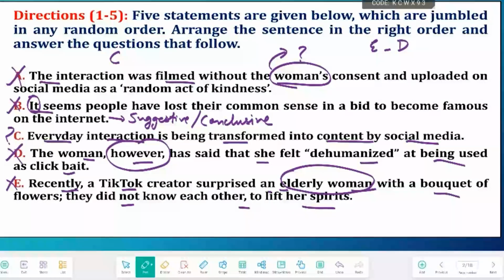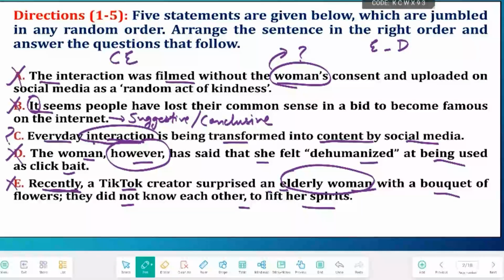So C statement is our first statement. अब उसी का explanation, उसी का illustration, उसी का elaboration आपको दिया है statement E में. देखो क्या कह रहा है ये कि everyday interaction is being transformed into content by social media. Everyday interaction जो है उसको भी अभी content में बदला जा रहा है. उसका example कैसे दिया है? Statement E में. Recently a TikTok creator surprised an elderly woman.